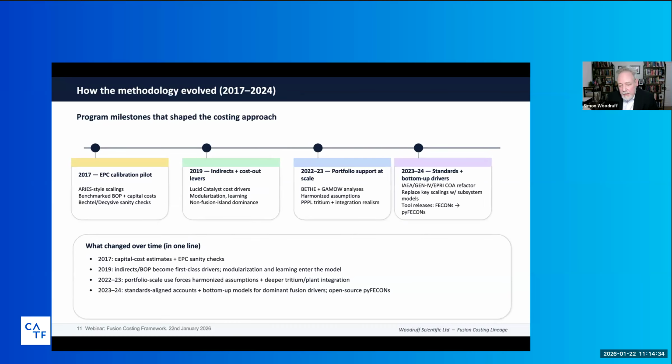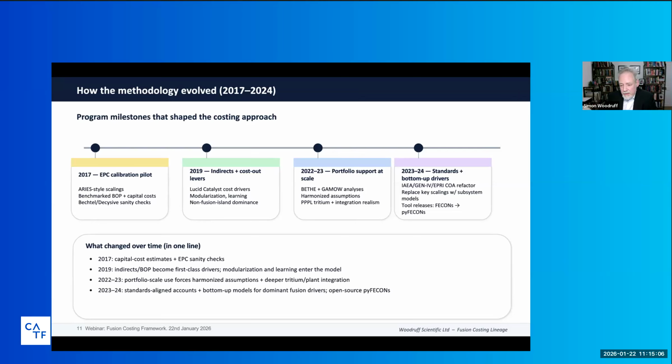So the idea has always been to form a very standardized costing methodology. So we built on Aries, but we have drawn on various other standard cost of accounts from IAEA to Gen 4, and more recently EPRI have adopted the same cost of accounts for performing the costing analysis.